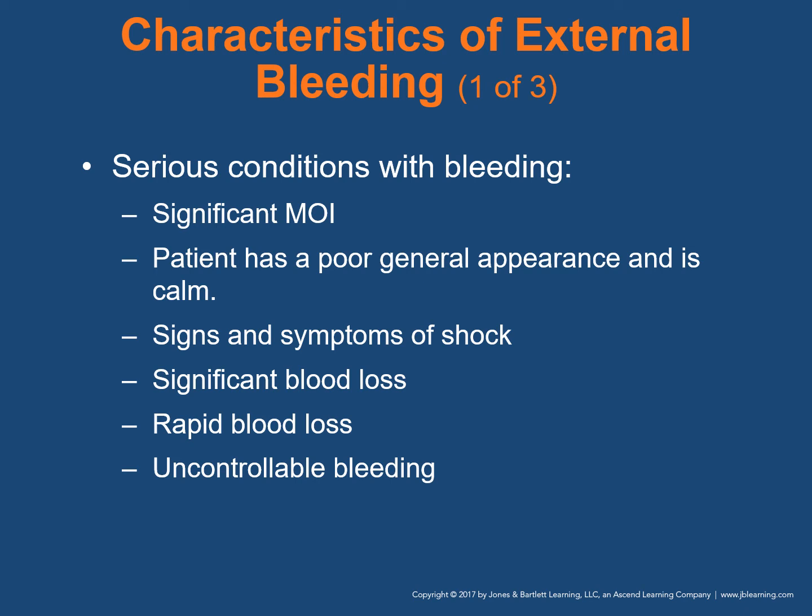External bleeding can cause shock, hypovolemic shock, from volume loss. So patients may, and likely will, have signs and symptoms of shock. When I see the blood, I should assume they are bleeding. A wound that is causing rapid blood loss and uncontrolled bleeding: all characteristics of somebody who has a wound causing external bleeding.